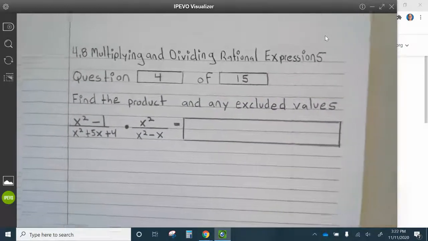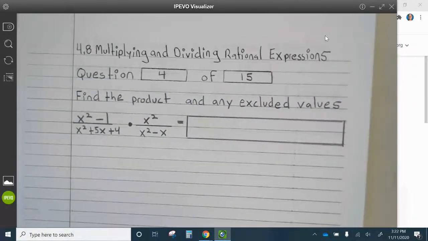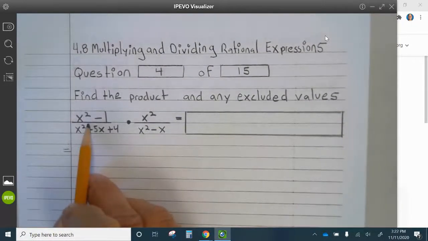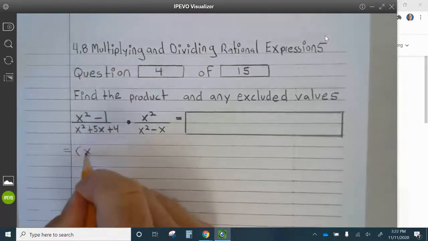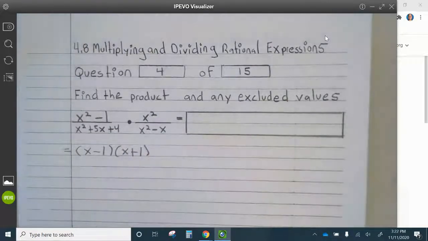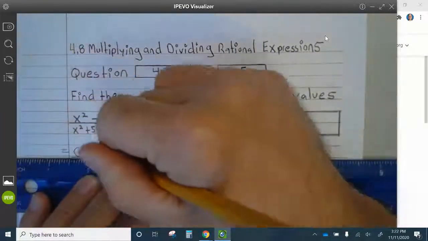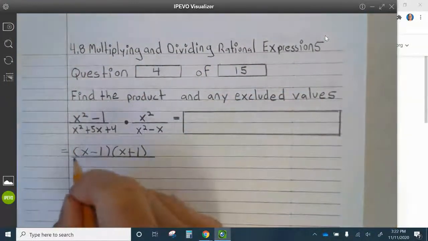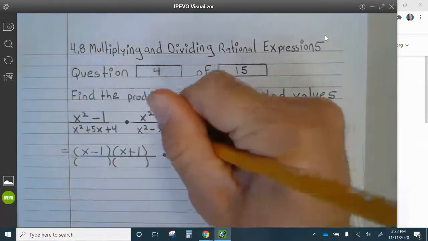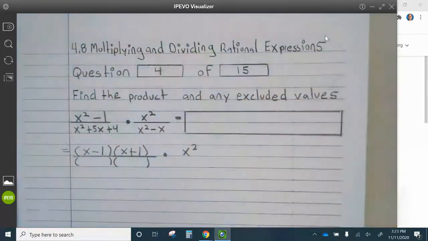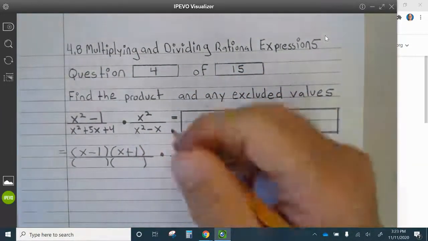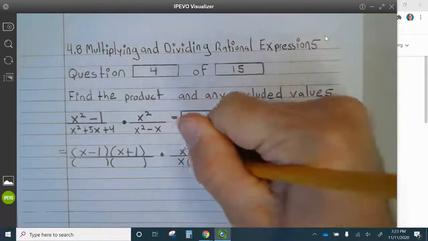All right, question 415. Find the product in any excluded values, okay? So we need to factor the numerators and denominators, okay? This is a special factor. This is a difference of squares, so that factors to be x minus 1, x plus 1, divided by x squared, okay, times, there's nothing we can factor with the x squared, and then we can factor an x from each of these terms, which leaves x times x minus 1.